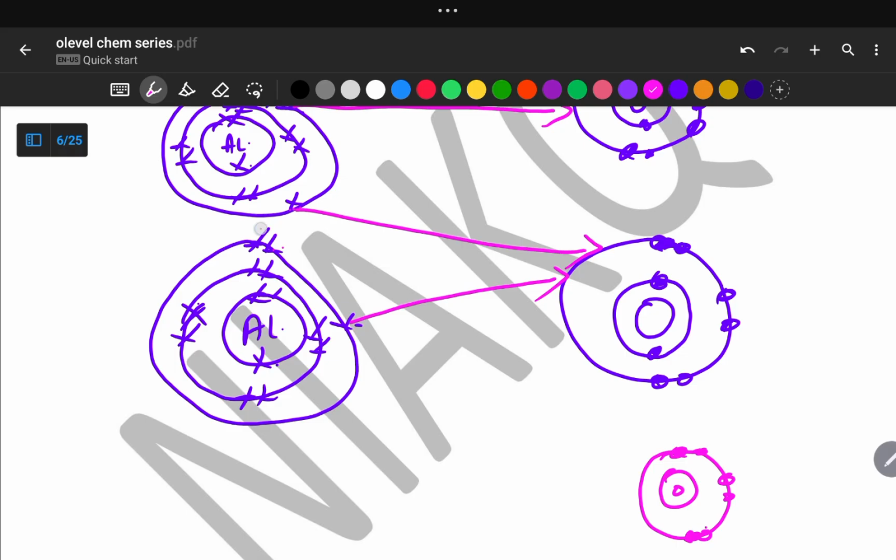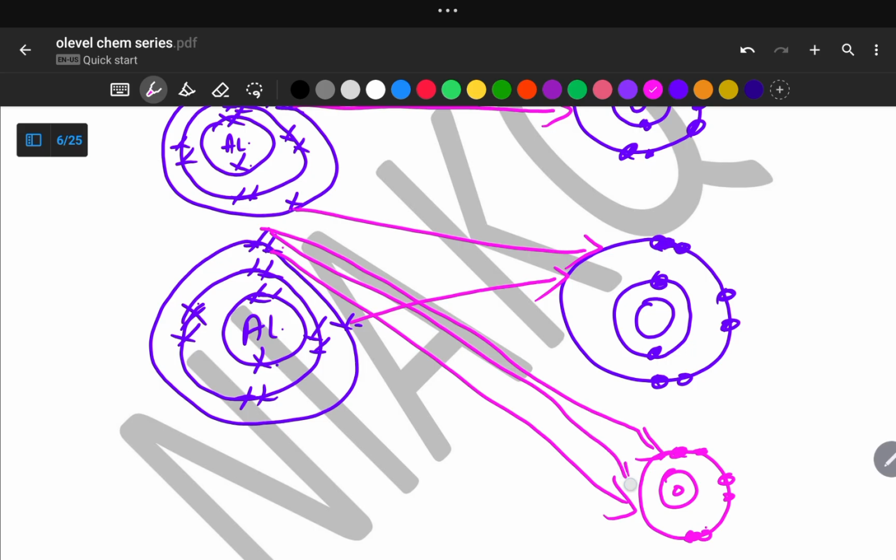And then these 2 come here, and this one will come here, right? So you must write the electrons in the square brackets, not here. You mustn't show these electrons there. Why? Because you're still having them here, right? So you must not show them. You just indicate with the electron transfer, right?